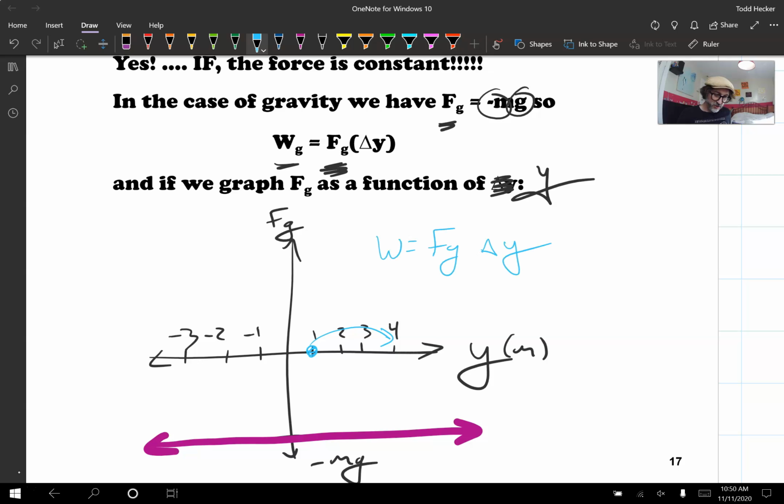Notice that's just this area. So here's what we just figured out: the work is the area under the force graph.